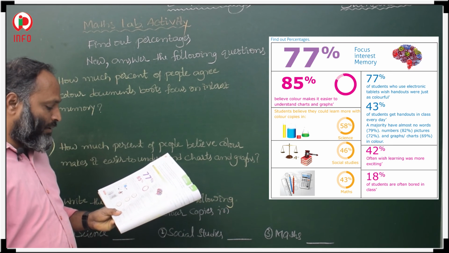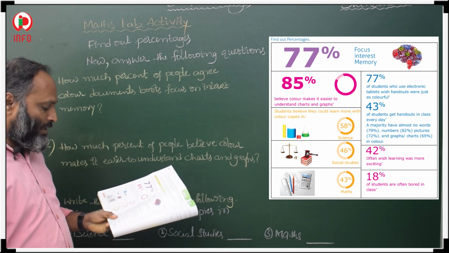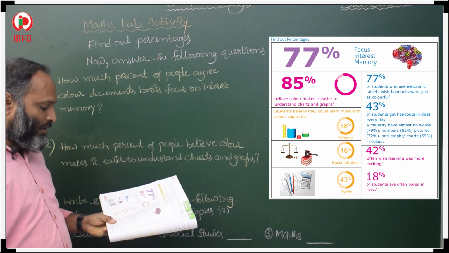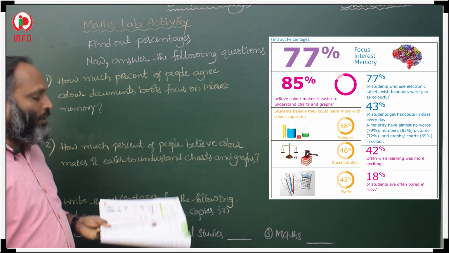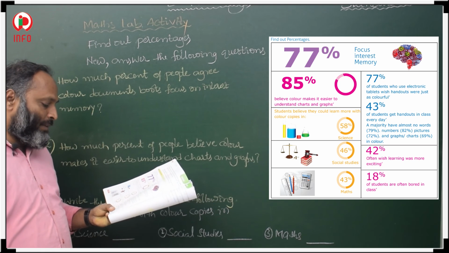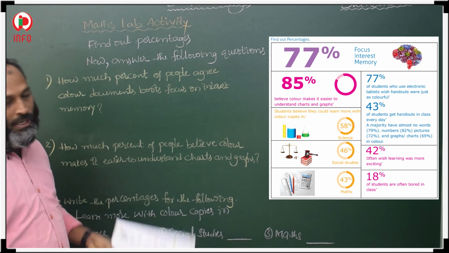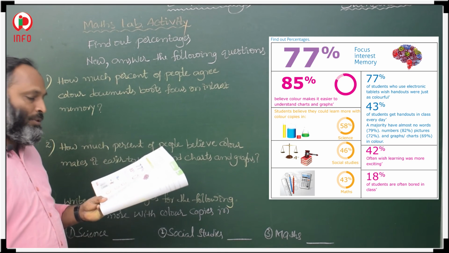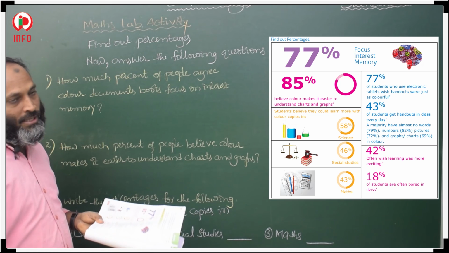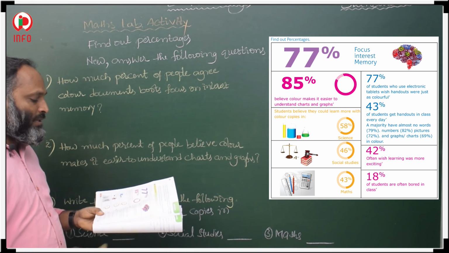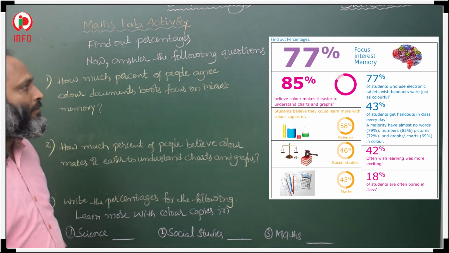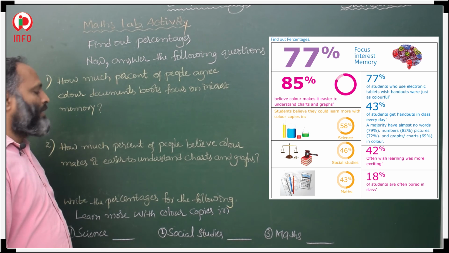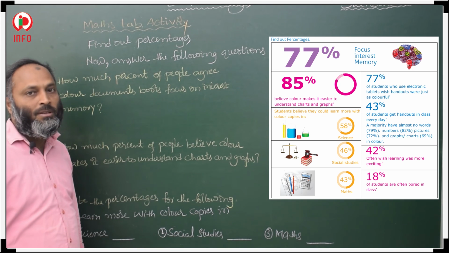And 42% often wish learning were more exciting, and 18% of the students are often bored in class. So with this: focus, interest, memory. Okay, now some questions are given, so we have to answer those questions.